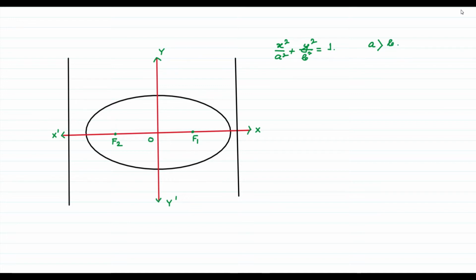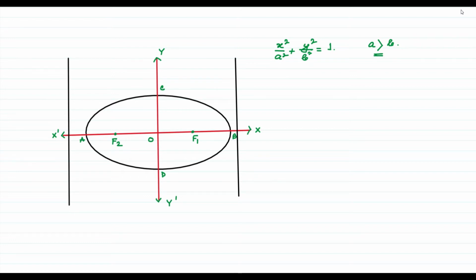That's why it's called the major axis. Here, if we name it AB, the major axis should be greater than the length of the minor axis. Then the ellipse will be a horizontal ellipse.